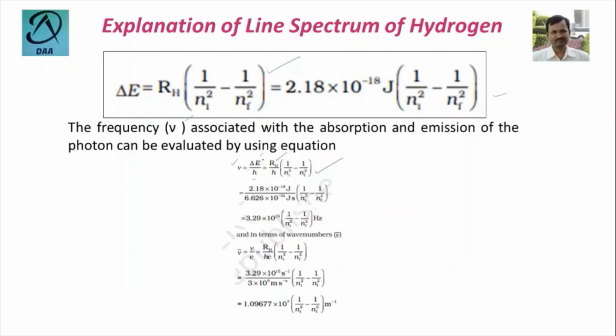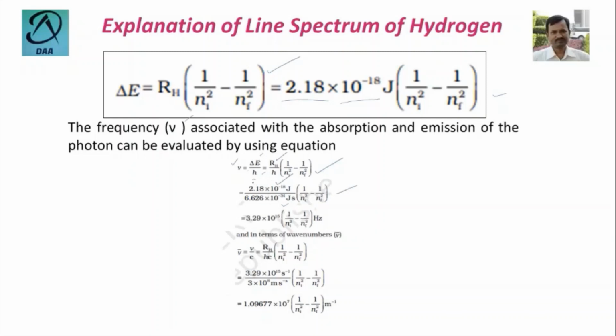Now if we put in the values, small h is the Planck constant, its value is 6.626 multiplied by 10 to the minus 34 joule second. And for delta E, the first part is 2.18 multiplied by 10 to the minus 18 J, with the bracket 1 by Ni square minus 1 by Nf square.